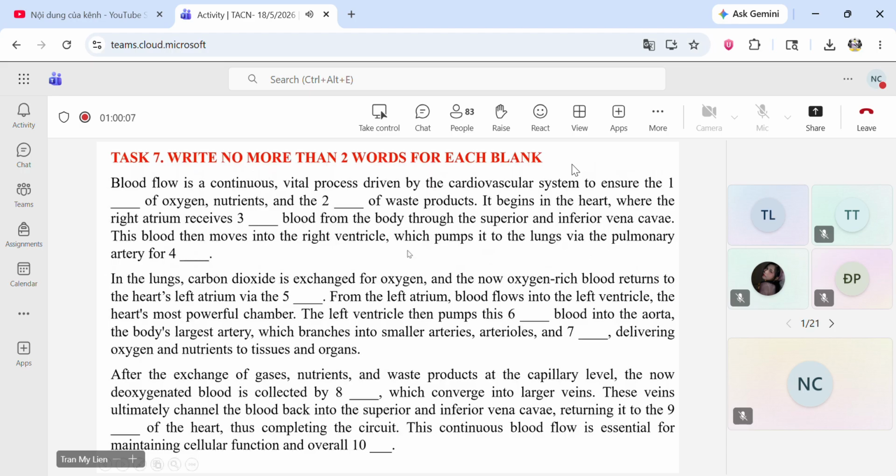And the last one, that's seven. Remember, no more than two words for each blank.